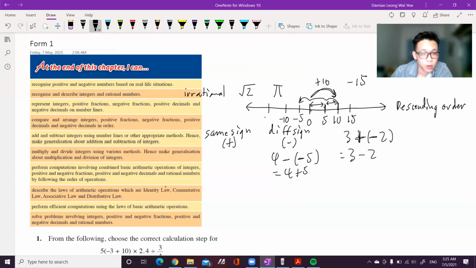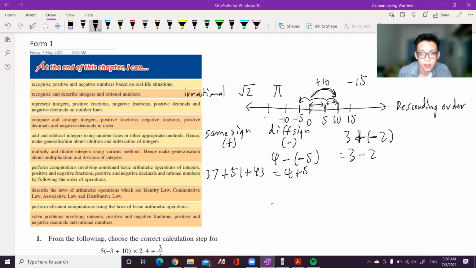Then we also have the laws of arithmetic operations: identity law, commutative law, associative law, and distributive law. These laws are used to make calculation easy. For example, if I have 37 plus 43 plus 51, it will definitely be easier to add these two together first, or even rearrange it into a different order.